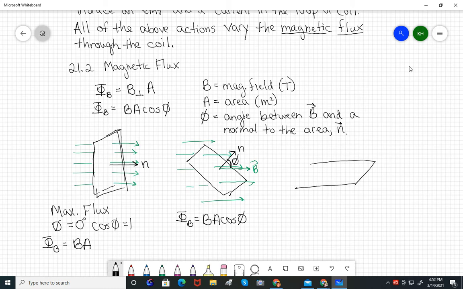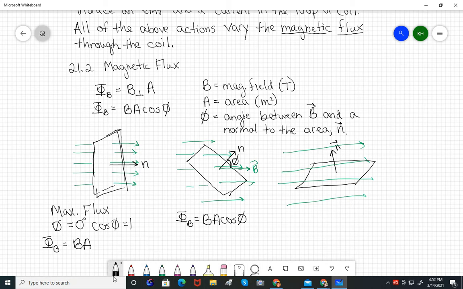Now, if I take that sheet of paper or that area that I'm visualizing and lay it down flat, like this, I can see that now the normal points straight up. And actually, none of these magnetic field lines will penetrate. They will all either be directly above it or below it, but they won't pass through it.